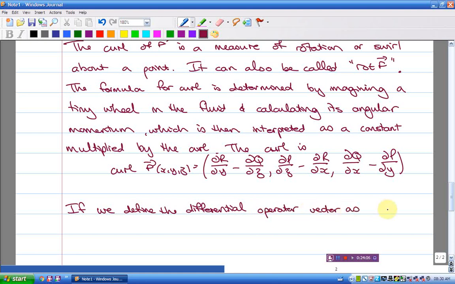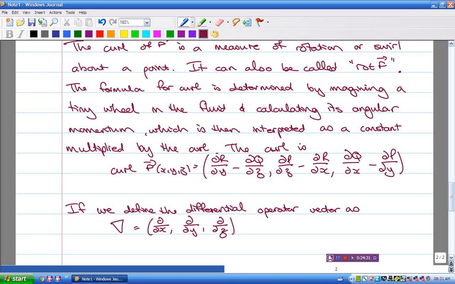Okay, so we're going to define something called the differential operator vector. It's a vector that has as its components the differential operators. And we draw it as a triangle. It's not a vector that can ever stand by itself because it's an operator vector. Its existence is manifested by its operation on other things.